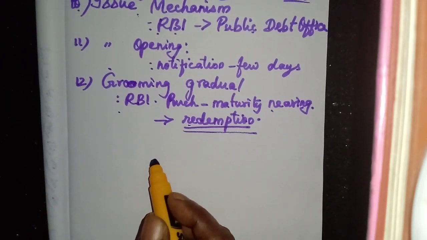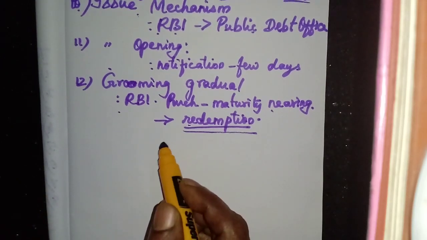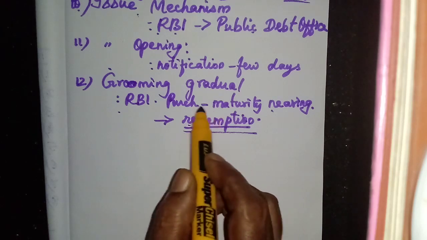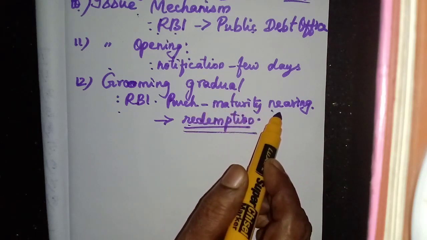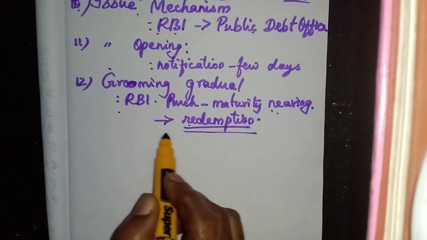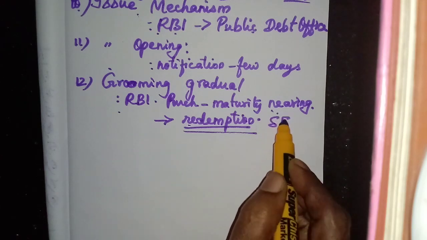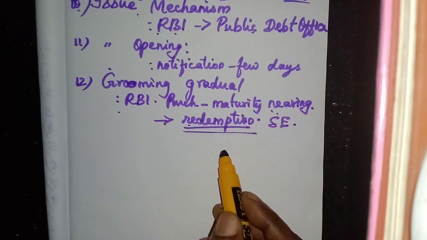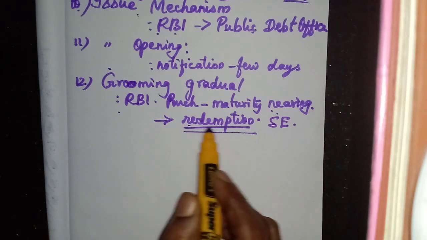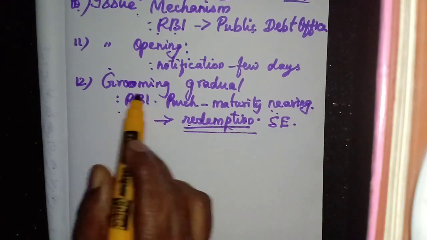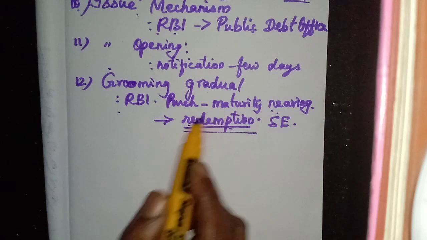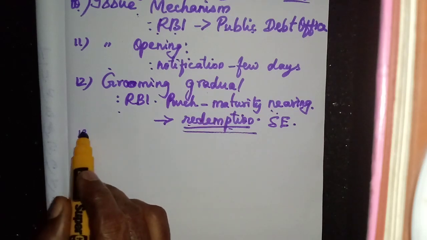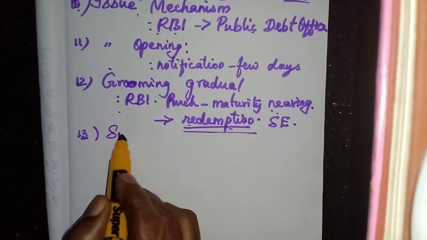That is called grooming gradual: acquisition of securities nearing maturity through the stock exchange by the RBI in order to facilitate redemption is described as grooming gradual.